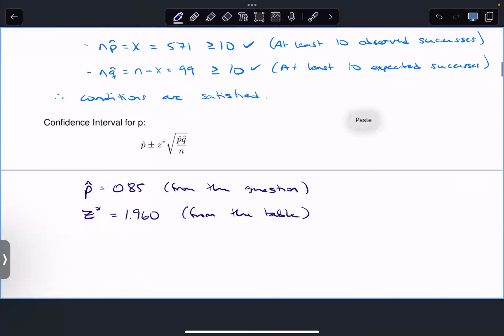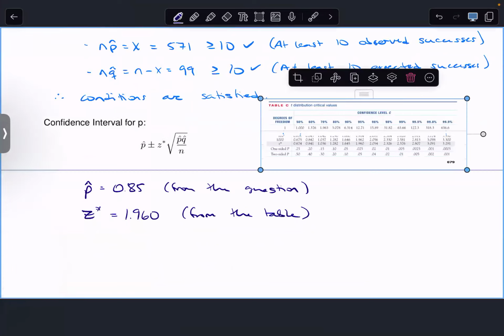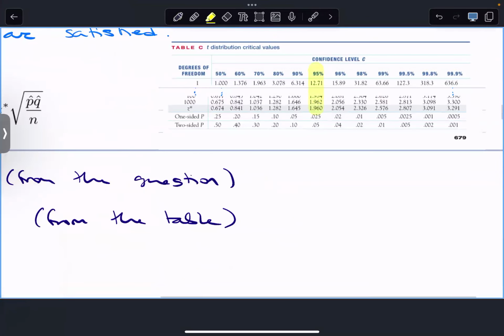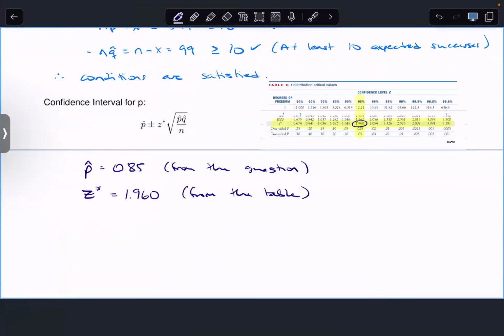I'll put it here. Okay. And then I want a 95% confidence interval. And I need my Z star, which is going to be 1.96. And my N was 670. I can also do Q hat here is 1 minus 0.85, which is what, 0.15?